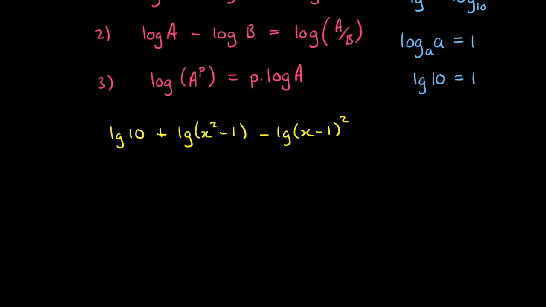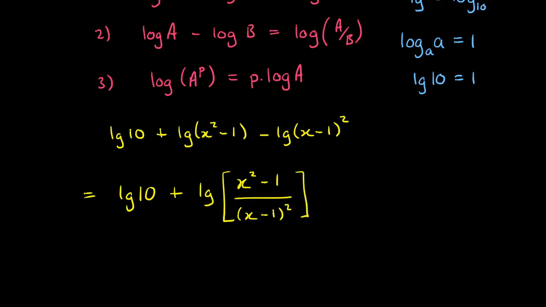So this will be equal to log 10 plus log, big bracket, x squared minus 1 over x minus 1 all squared, right? Can you see that? Because what I've got is I've got log A minus log B is equal to log A over B, okay?